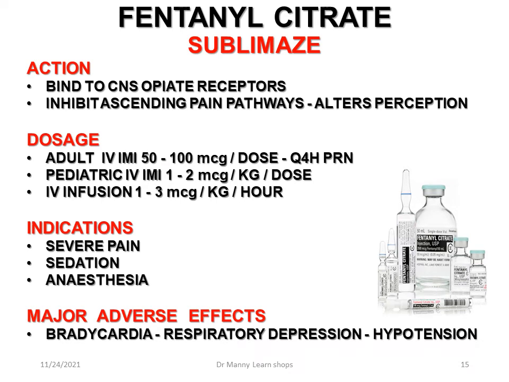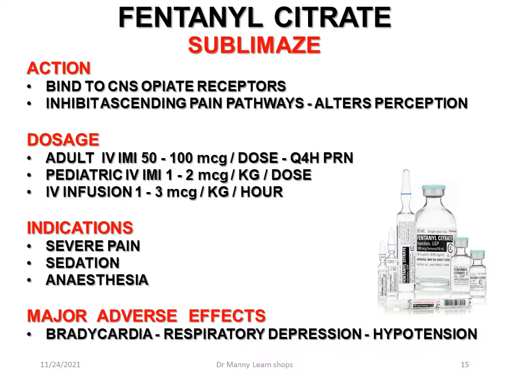Fentanyl citrate. This also binds to the central nervous system opiate receptors, but it's about 5 to 10 times more effective in much lower doses compared to morphine, which therefore means if you're giving a lower dose, there's less likelihood of adverse effects.